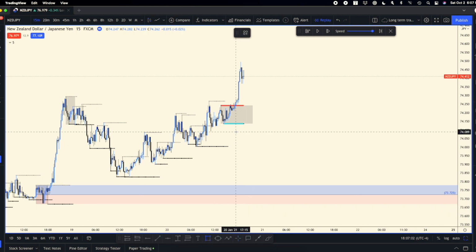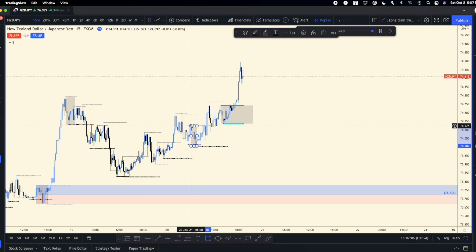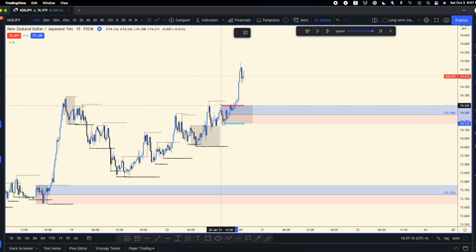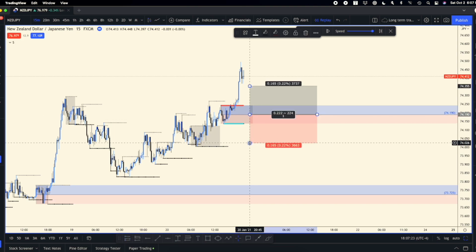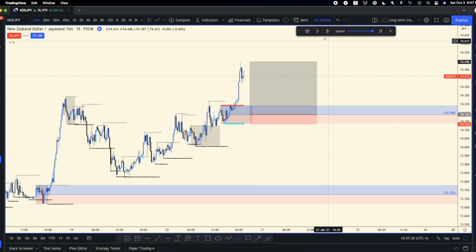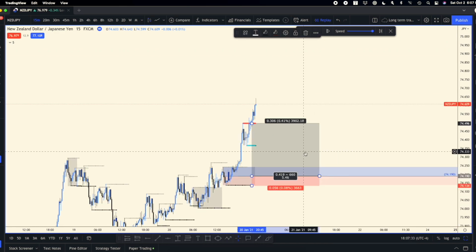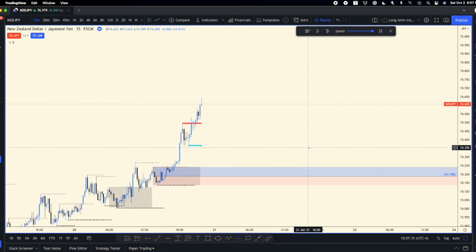So you do have a double MB already, though. If you see this, double MB, go. What we can do is take 50% of this. All right, so it's still going up, and we may not get that trade.